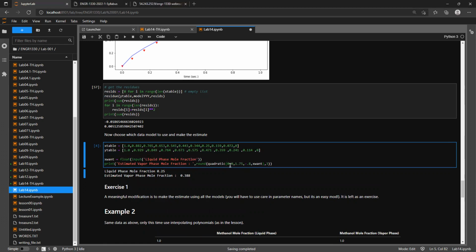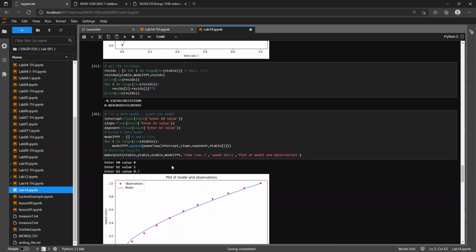So if we use the quadratic of 0, 1.75, and negative 0.8, we get an output of 0.388. So I said, what's the value for 0.25? It's pretty close. Let's see what happens if we use the best one we had.